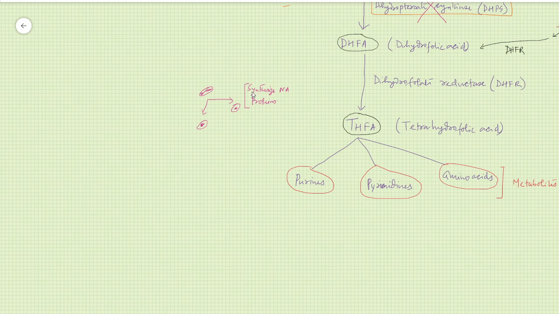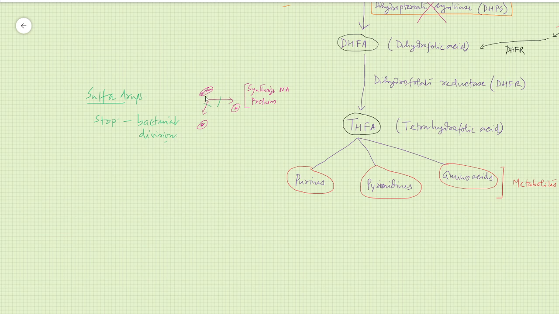And now we have said that we have interfered with the folic acid pathway. So if you interfere with the folic acid pathway, what's going to happen? The bacteria will not be able to divide. So what do sulfa drugs do? Sulfa drugs stop bacterial division.